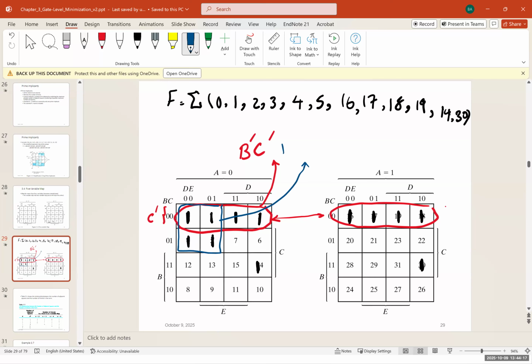And for these 4 blue ones, A is 0, so it's going to be A prime. And then we have B prime and D prime.